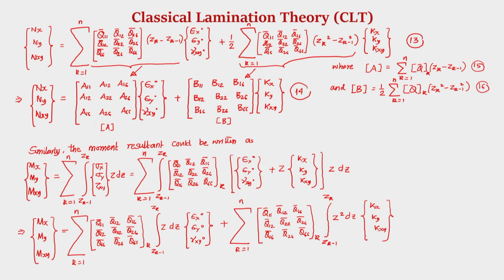k x y. Now, we could express the moment resultant in terms of the mid surface in-plane strains and the curvatures. Again, we have already discussed that this q bar is constant for a given layer.